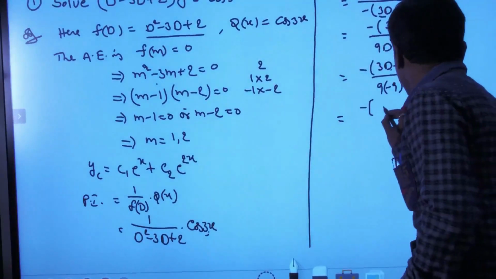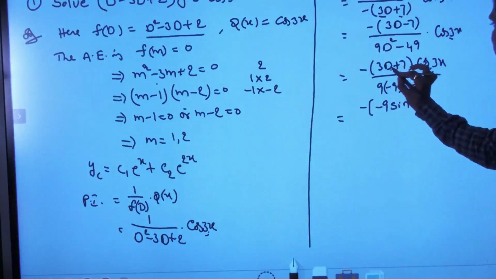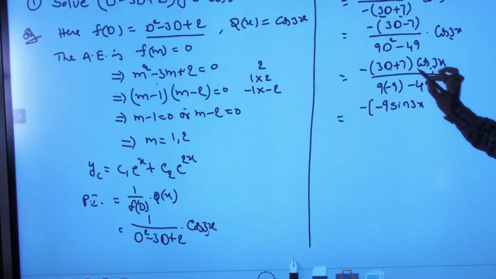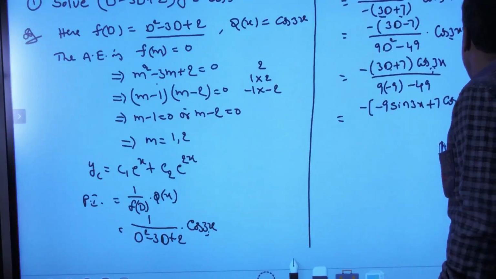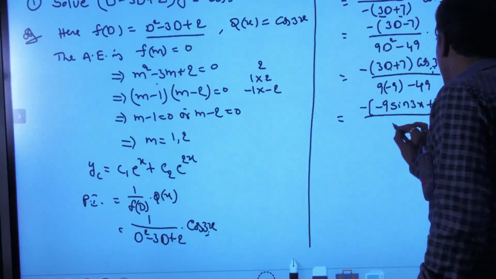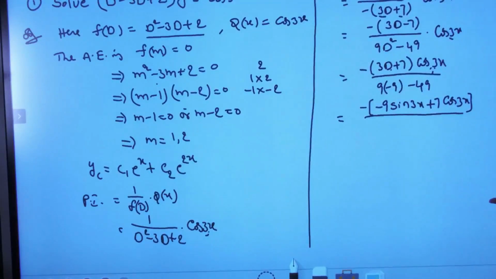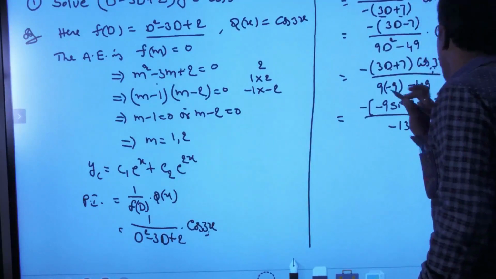So here we get minus 9 sin 3x, plus 7 cos 3x, by minus 81 and minus 49, that is minus 130.